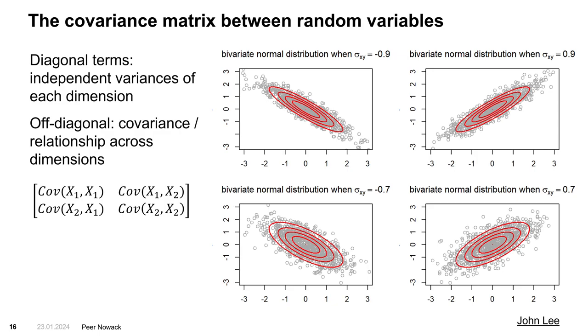And I'm sure you have seen this before, but I will write the covariance matrix sometimes with the diagonal terms, the covariances between the variable with itself, which is basically the variance, and then you have the off-diagonal terms, which describe the relationships across random variables. So this might be different predictors, for example, in our input space.